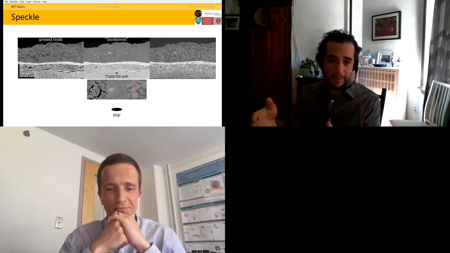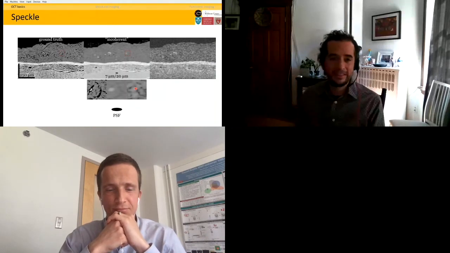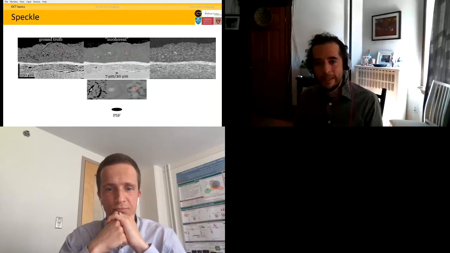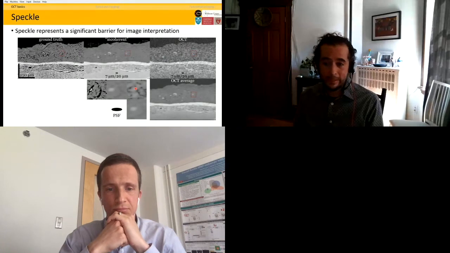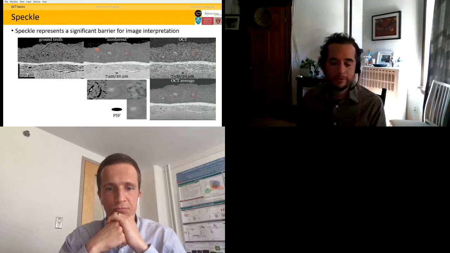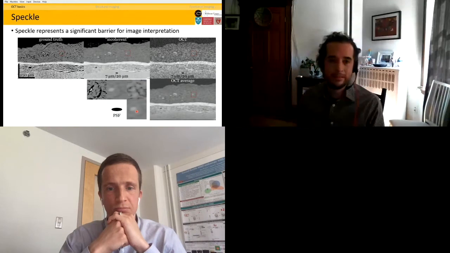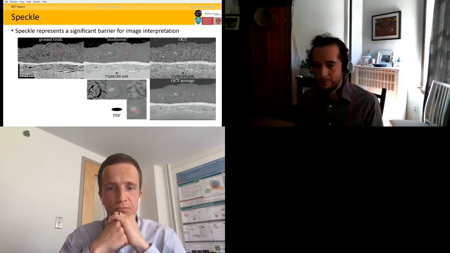If we are able to, in practice, implement this type of reorganization of the scatterers, and we perform an averaging of all of these images, we would end up with an OCT average that is exactly this incoherent image that we have on the left. And in this case, we can recover the actual true underlying structure that we were seeing in incoherent imaging, and we can actually identify this gland as a bright spot.